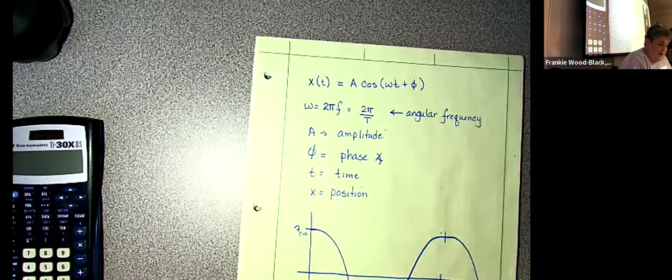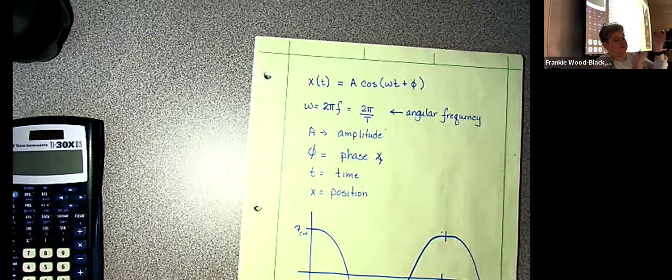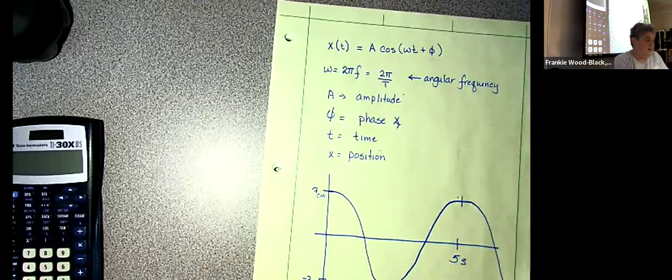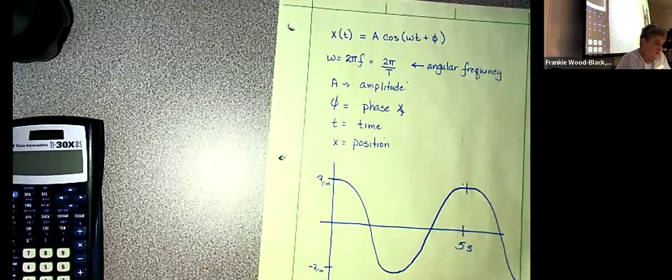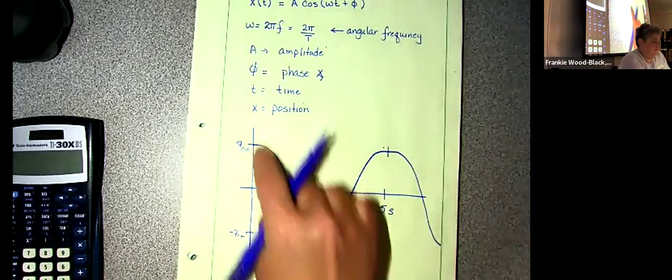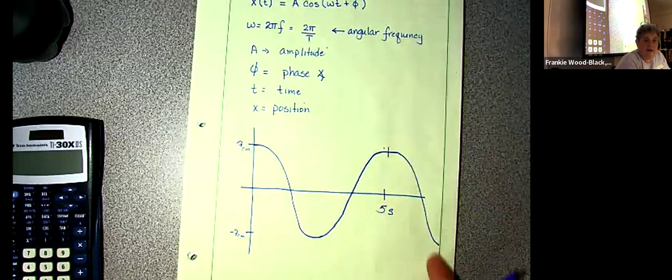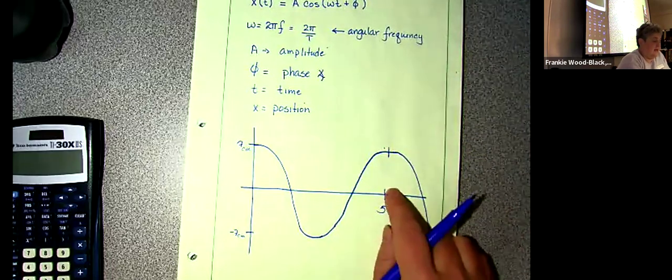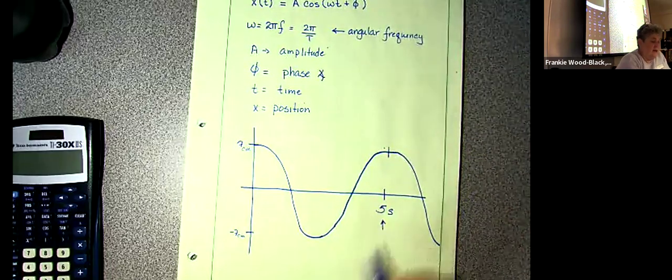We're going to say that this is 5 seconds. So we've got a spring that's bouncing up and down, and we've recorded its motion. It's made a complete cycle at 5 seconds.